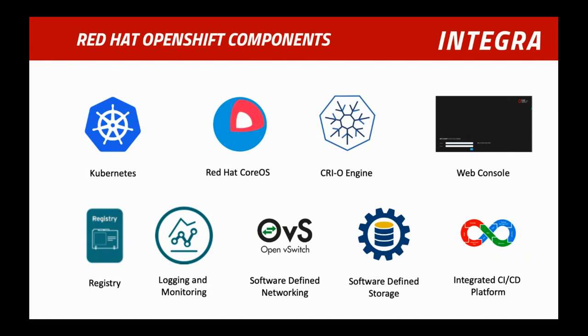CoreOS is an immutable operating system, which means that runtime changes are not applied to the operating system. This immutability allows OpenShift worker and master nodes to be added seamlessly, and they are updated seamlessly. This also means that there is no need for a system administrator to manage these nodes.